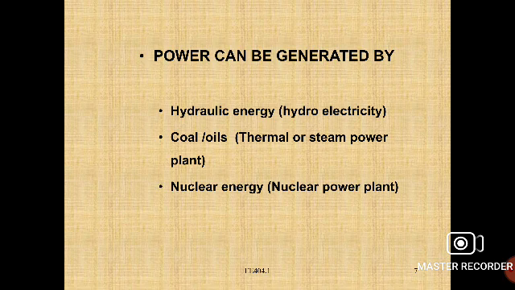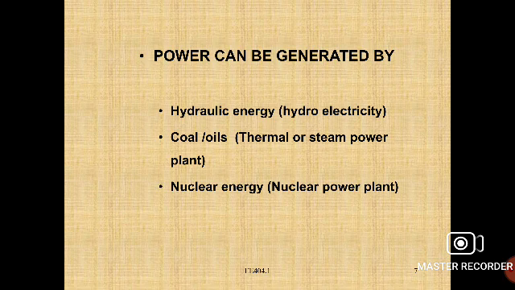These are the methods of generation of electricity. The first one is hydraulic energy, hydroelectricity, which means hydraulic energy in dams and projects. Next are coal or oil thermal or steam power plants.